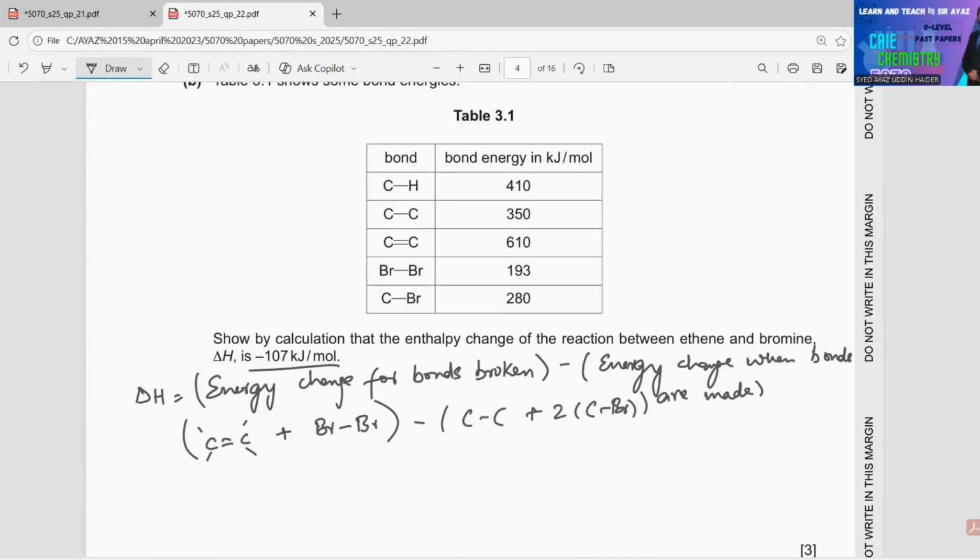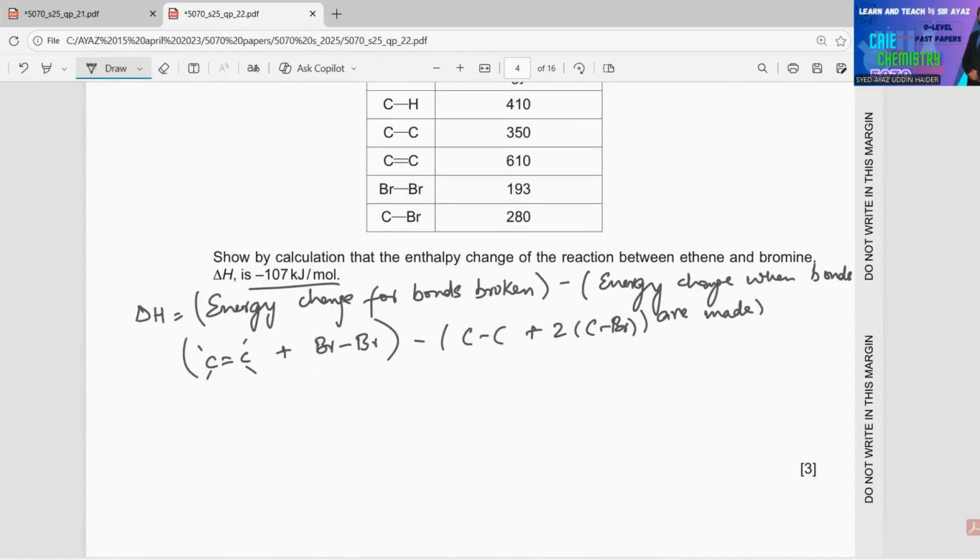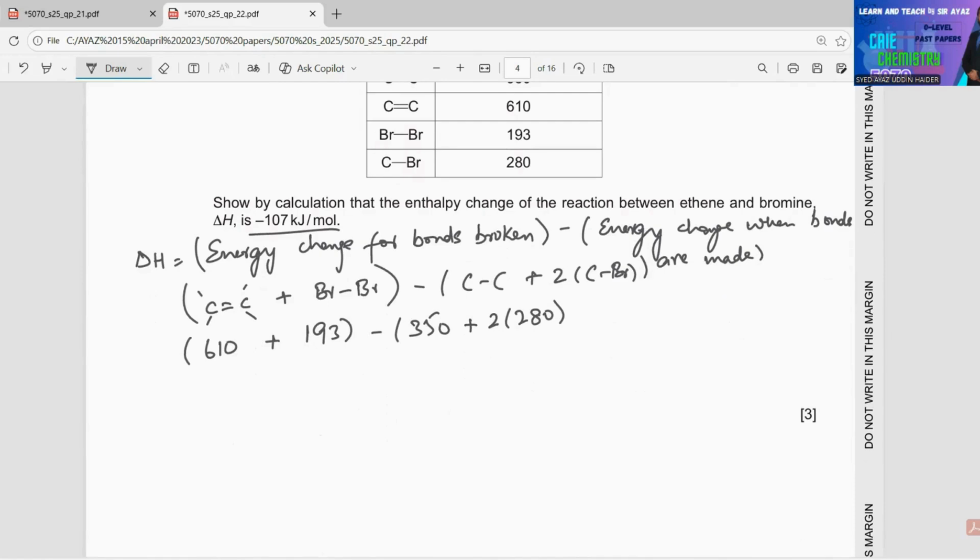Now putting in the values of these. So C=C is 610 plus we have Br-Br 193, minus the C-C bond, it's 350, plus 2 multiplied by C-Br which is 280. So if you solve this, what will you get?